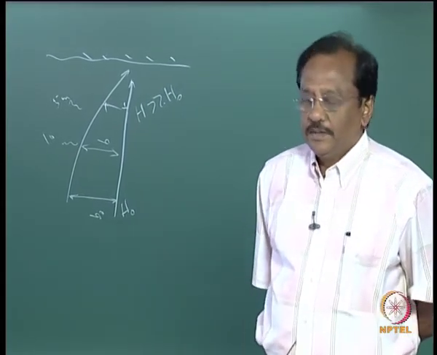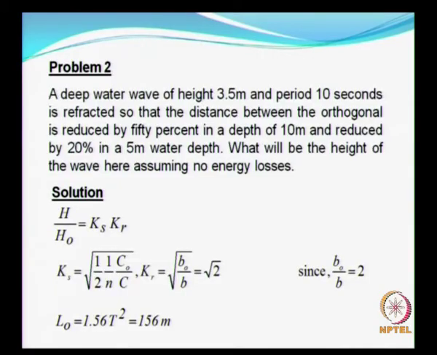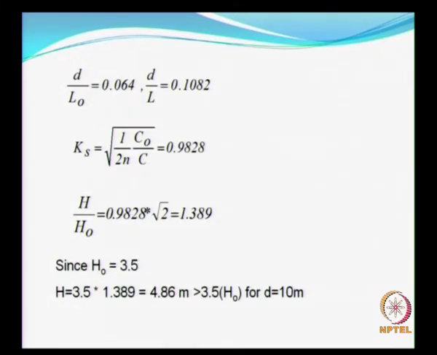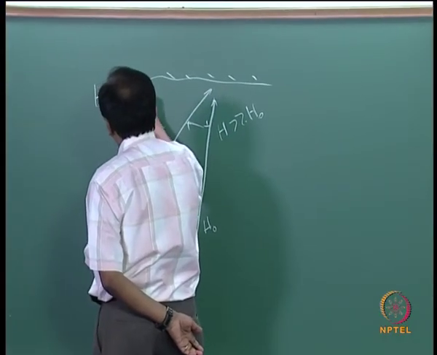Is that clear? What was the deep water wave height? The deep water wave height was given as 3.5 meters. What is the wave height now in 10 meters water depth? It is 4.86 meters. So you have H naught as 3.5 meters.